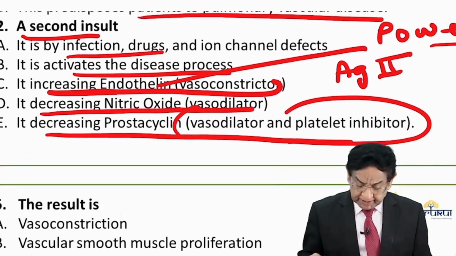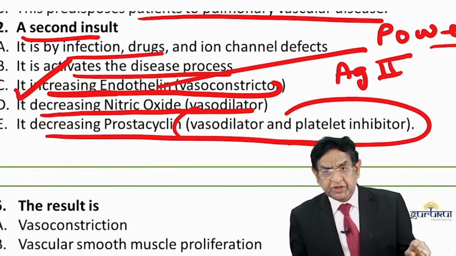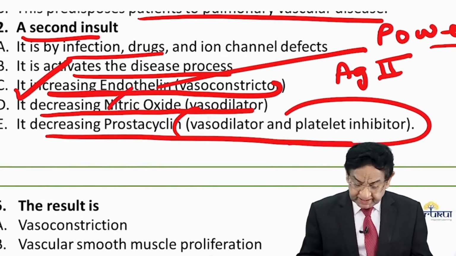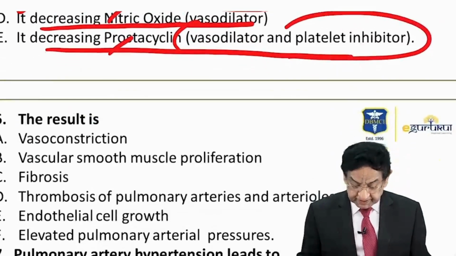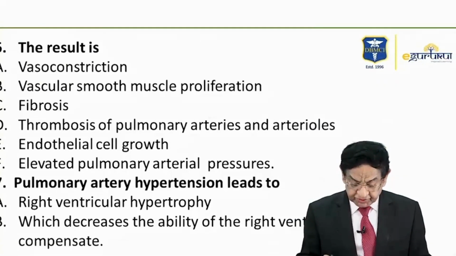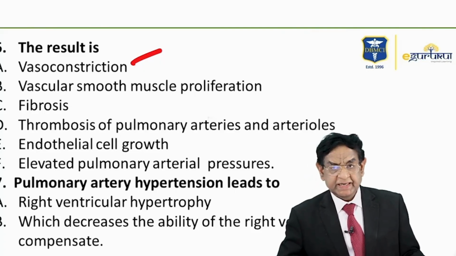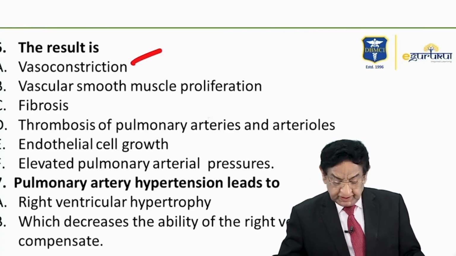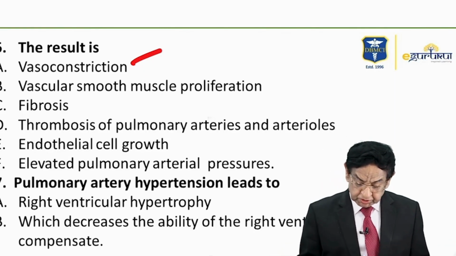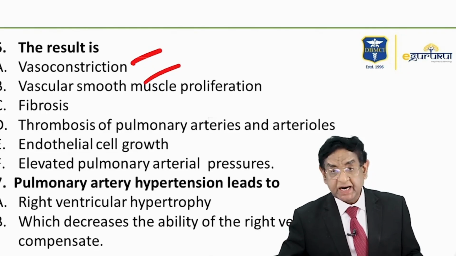Point to be noted, endothelin is increased, which is a vasoconstrictor. Vasodilators like prostacyclin and nitric oxide are reduced. Net result will be vasoconstriction, obviously, because dilators are less, constrictor is more, and that leads to smooth muscle proliferation in the artery.